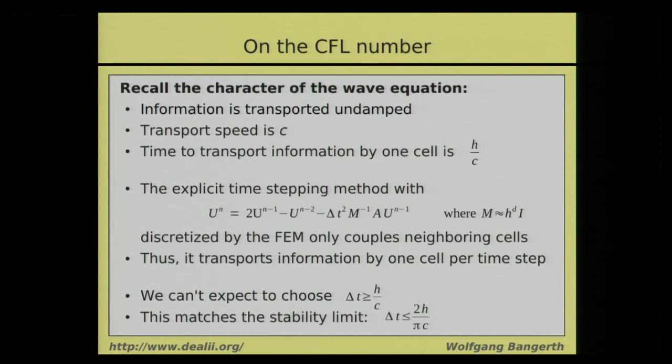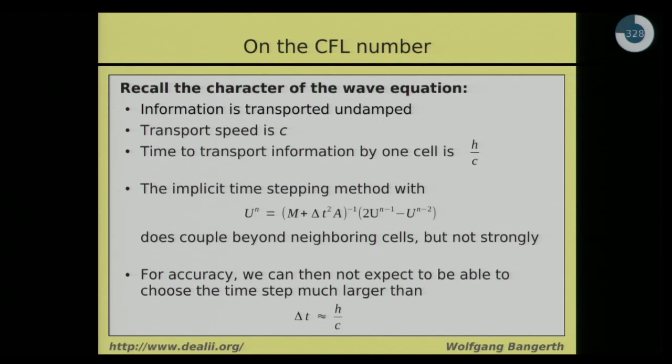On the other hand, for explicit time-stepping methods, I remember that the stability limit was proportional to h over c as well. It was a factor that is not very far away from the one that I have here. So the accuracy limit that delta t must be less than h over c, and the stability limit that delta t must be less than or equal to some constant times h over c, actually match. They actually agree.